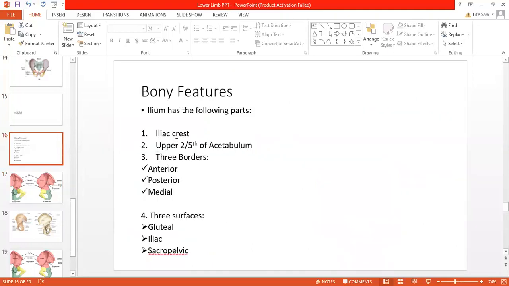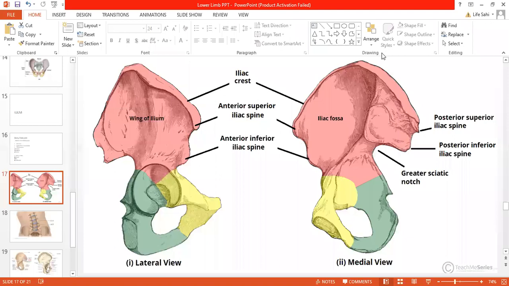So it has these parts: the iliac crest, the upper 2/5 of the acetabulum, the lower part, and three borders, anterior, posterior, and medial, and it comprises three surfaces: gluteal, iliac, and sacropelvic. The iliac crest is a concavo-convex upper thick ridge limiting the iliac fossa superiorly.